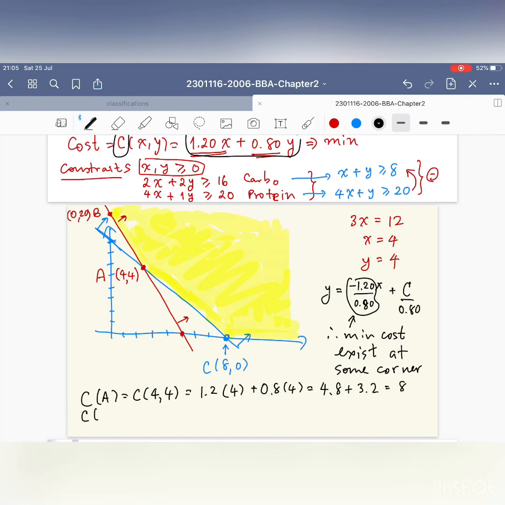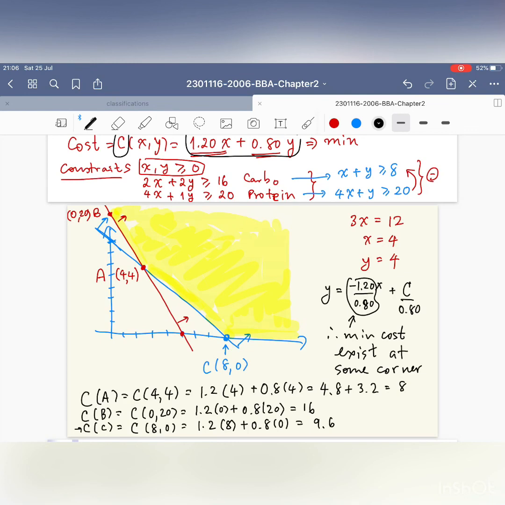How about your cost at B? So it is 0 and 20, so it's 1.2 times 0 and 0.8 times 20, so it is 16. And for the last one, the point C, the cost at C is 1.2 times 8 and 0.8 times 0, so you have 9.6.